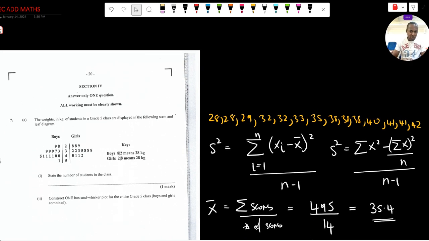So let me go back and recheck. 28 plus 28 plus 29 plus 64, plus 33 plus 35 plus 114, then plus 40 plus 82 plus 42. Right, so this is 495, and we'll divide that by 14. So 35.4. Our mean is 35.4.